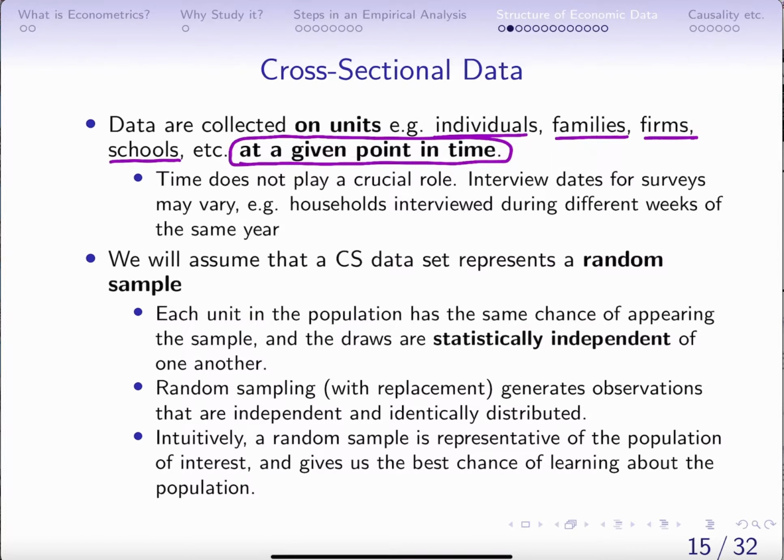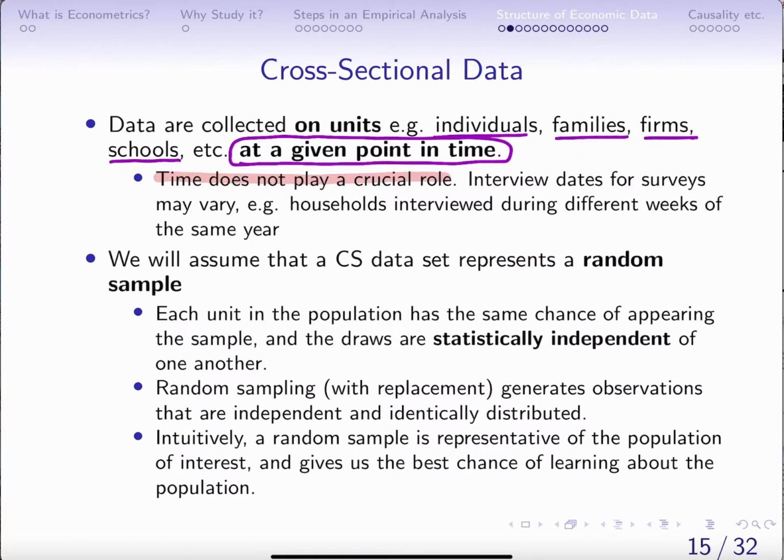Okay, so the idea here is that when we're thinking about a cross-sectional data set, time isn't really important. It does not play a crucial role. You can think about maybe interviewing individuals or families in a particular year. When you interview them, whether you interviewed them in January or October, will not matter so much.